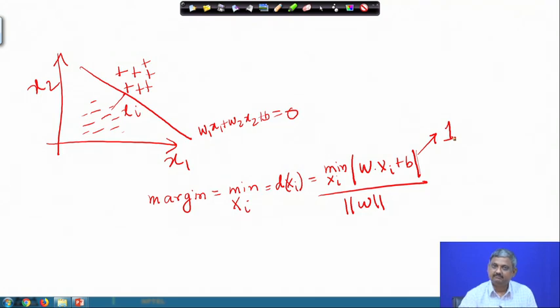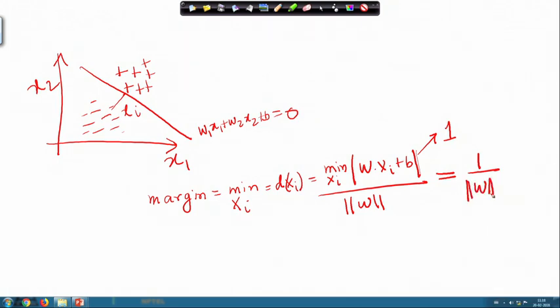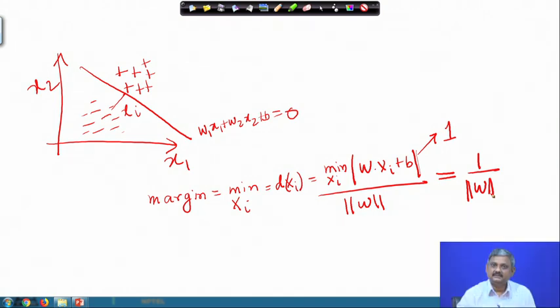So, I can rewrite margin as this. This seems a pretty nice form, just 1 by the absolute value of the coefficient of the line.